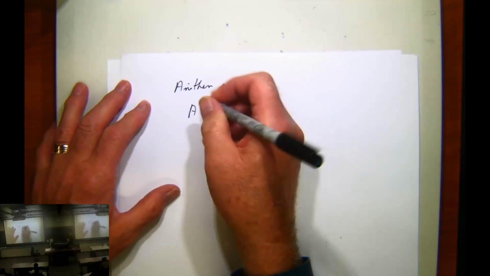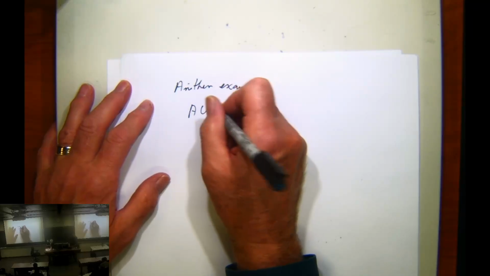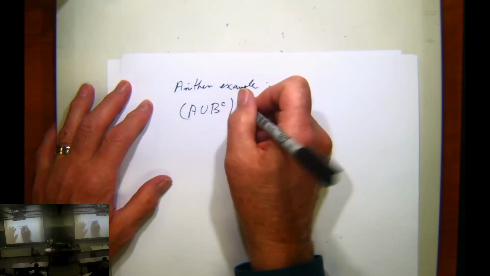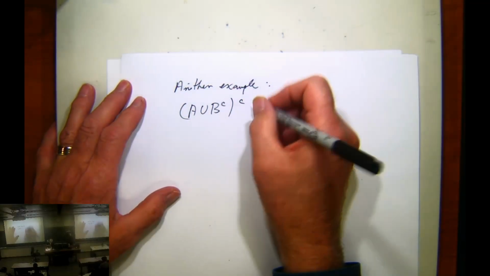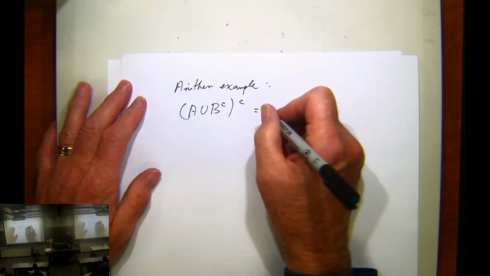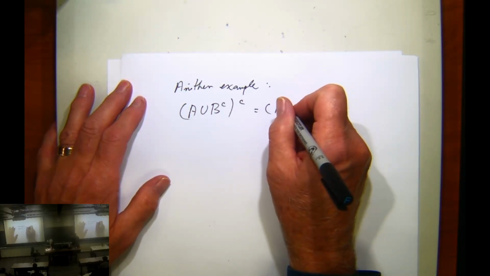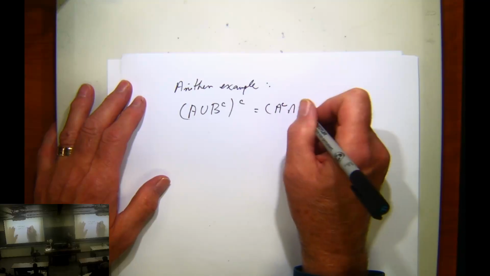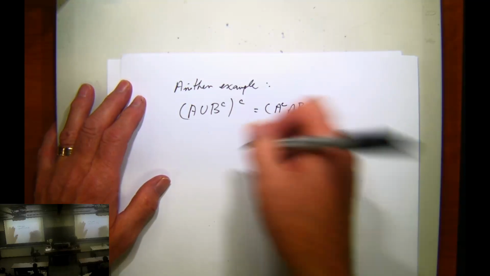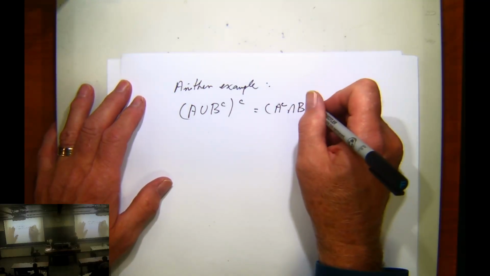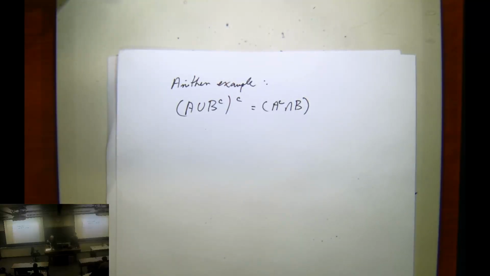If you had, for example, A union B complement, flip all the boxes. That's going to be A complement intersection B, B complement goes to B, and the outside complement goes away. So that's just A complement intersect B.